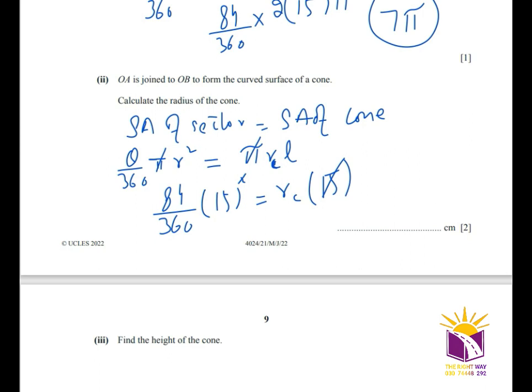So 84 multiplied by 15 divided by 360 will be equal to 3.5. So rc will be equal to 3.5 centimeter.